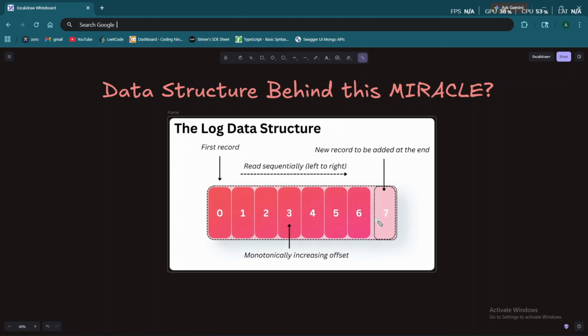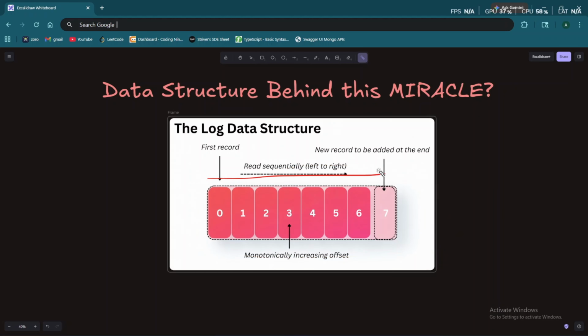Let's say a new record is coming at the 7th offset and you just append it to the log data structure. The new record will be added at the end. Let's say the 8th comes, and the 8th will be added after the 7th. That is how the log data structure works, and because it is append-only, Kafka is insanely fast because of the property of the log data structure.